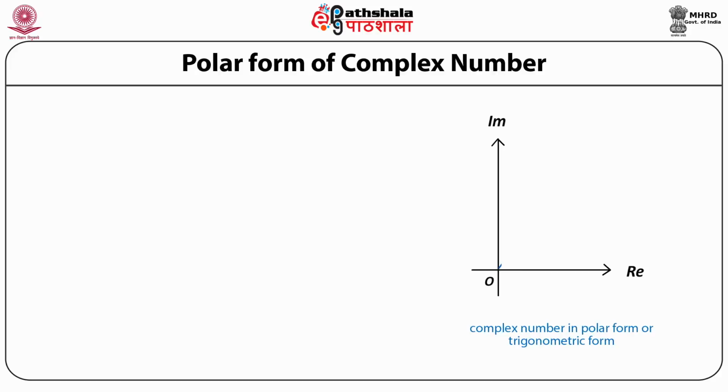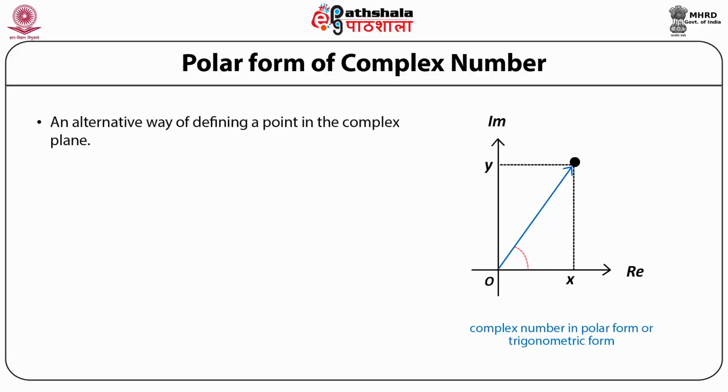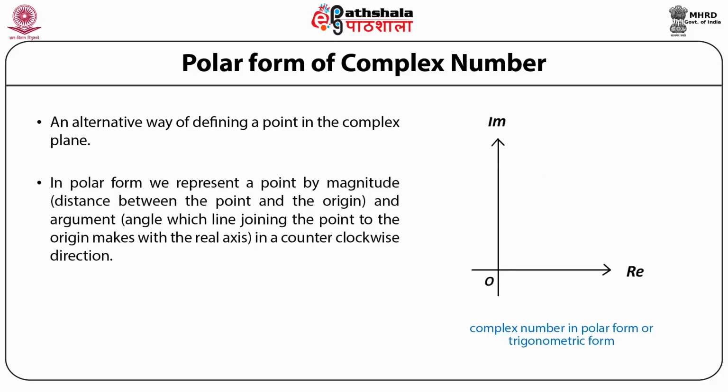The point, the dark black circle, is x on the real axis plus y times i on the imaginary axis. We can also represent that point in the complex plane by denoting the distance from the origin and the angle phi. That is what is called polar form.